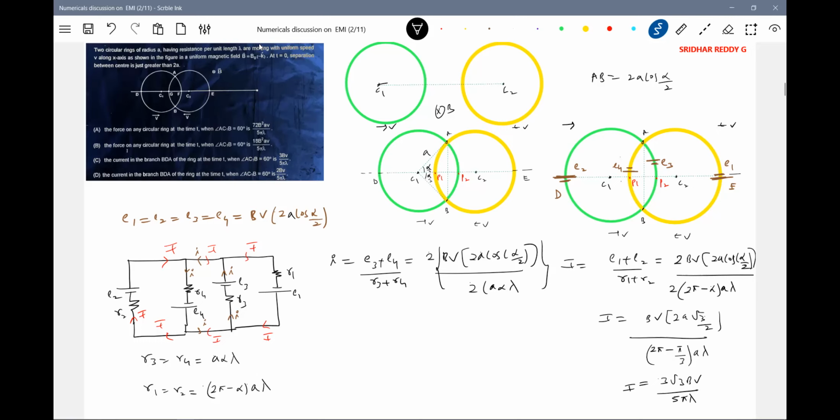AC1B is 60 degrees, which means alpha by 2 will be 30 degrees. Yeah, cos 30 is root 3 by 2. Root 3 will come. We'll make this as an option.